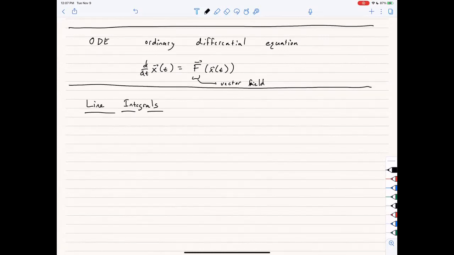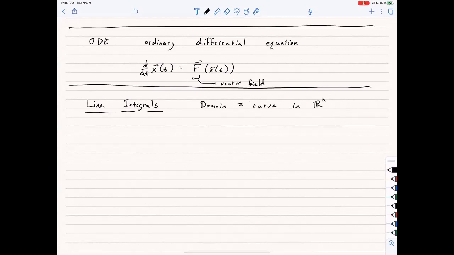Now, what is a line integral? How are we generalizing the domain? Well, the domain of a line integral is going to be a curve. And it's a curve, usually in 2 or 3 dimensions for this course, but in any dimension in general.